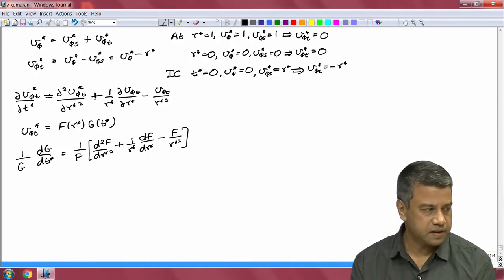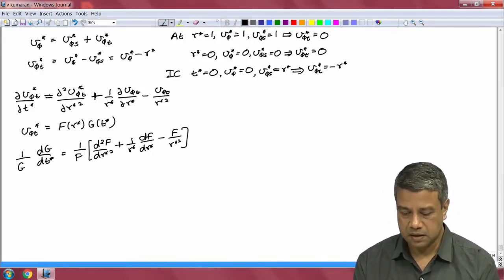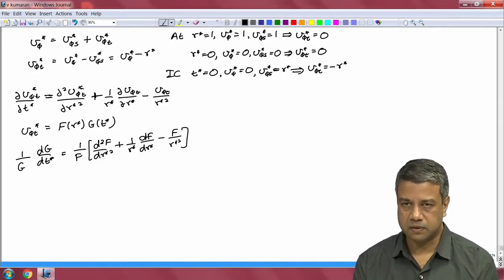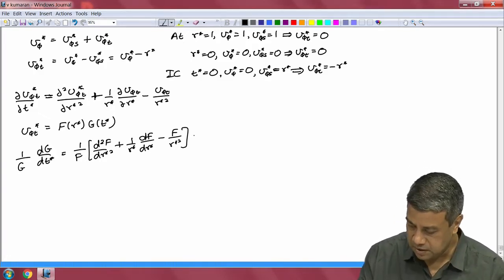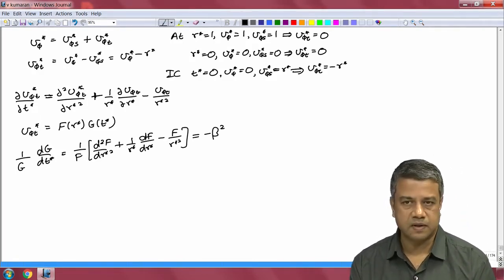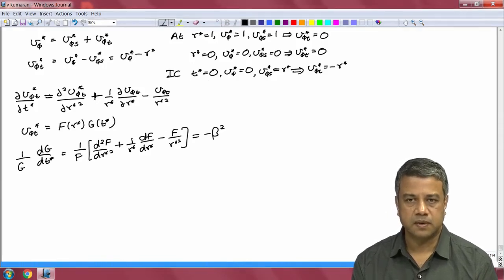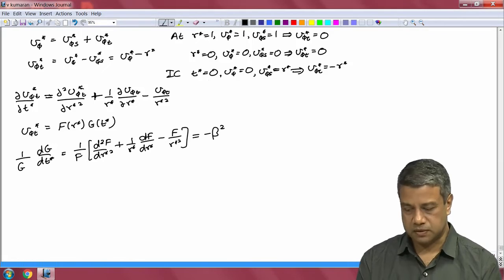Now, the left side depends only upon t, and the right side depends only upon r, and therefore, both of these have to be equal to constants. That constant has to be negative, so that g decreases exponentially with time, so that the transient part goes to 0 in the long time limit, and the solution becomes the steady solution.